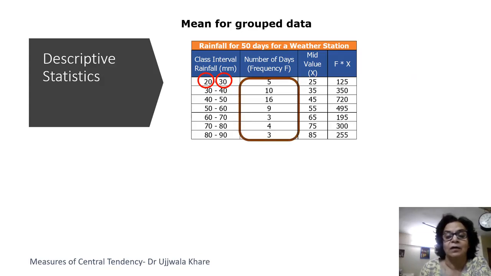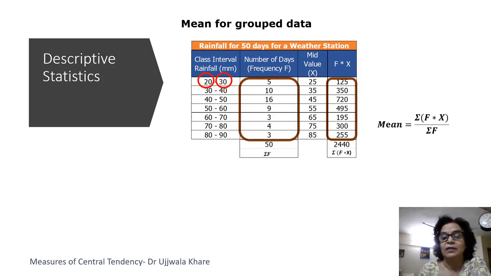Now when we want to find out the mean for group data, we have to add the number of days, the frequency, which is equal to 50, which we call as summation f, and we have to add the last column, that is f into x, which we call as summation f into x. Now the mean is summation f into x divided by summation f, in this case 2440 divided by 50. So the mean is 48.8. We'll do more problems so that we can understand them better.